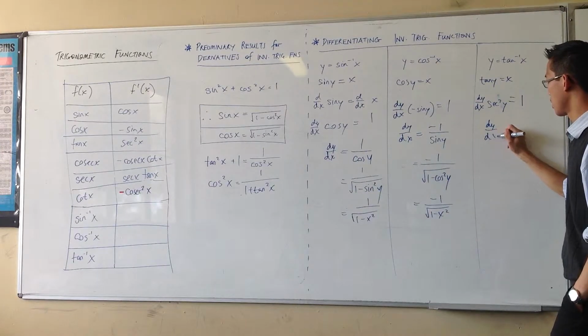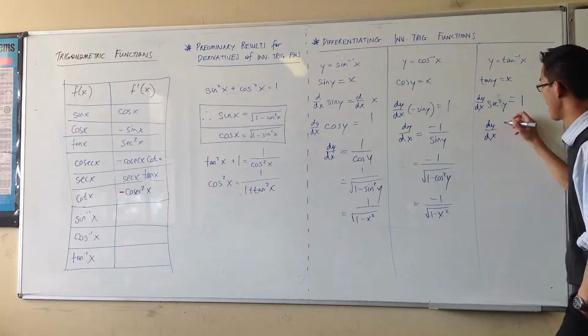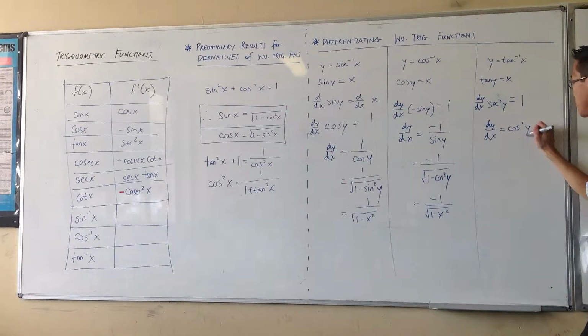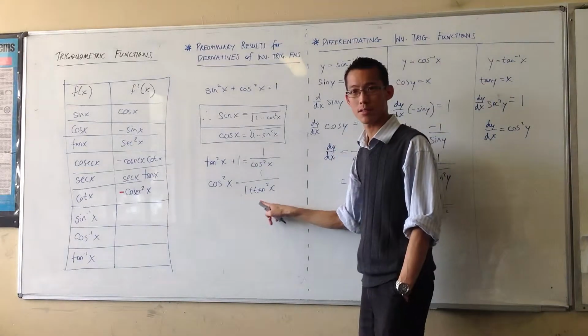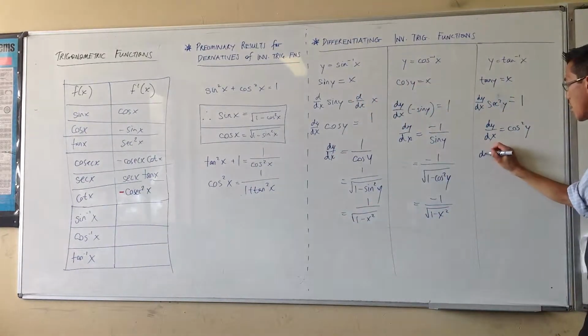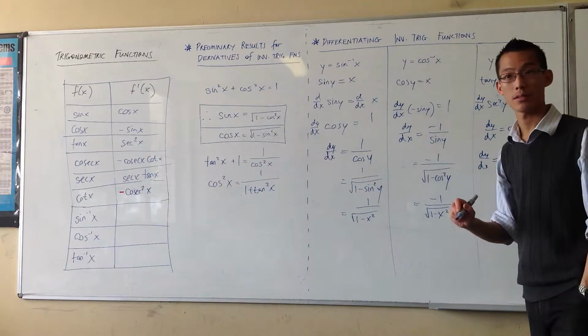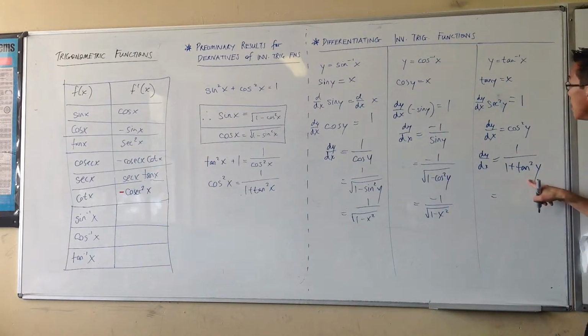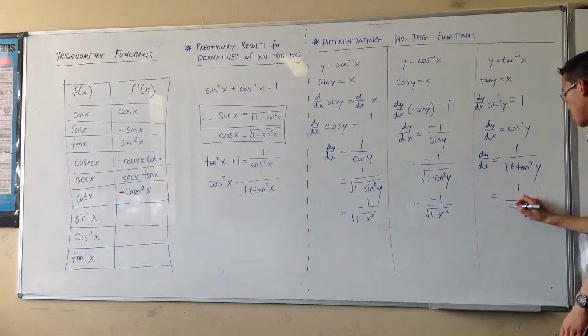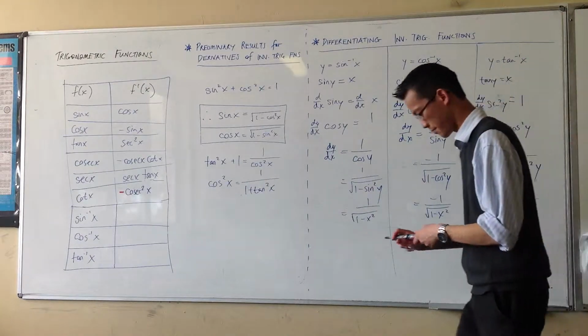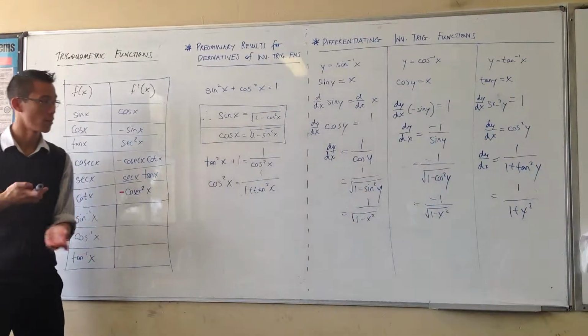So for dy on dx, I'm going to multiply through by cos squared. And that's just this, right? You see that? So dy on dx is 1 over 1 plus tan squared y. And this is why it has no square root signs. Okay, that's how you remember that this is the different one. Tan y is just x, so ta-da! 1 over 1 plus x squared. So, not too difficult, okay?